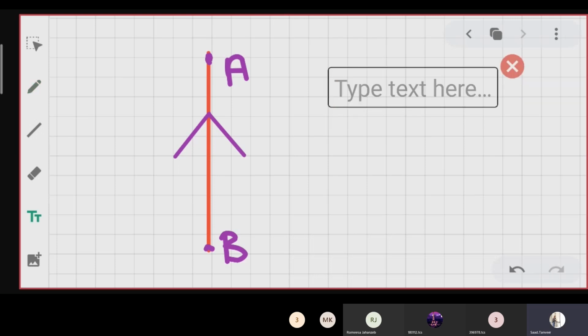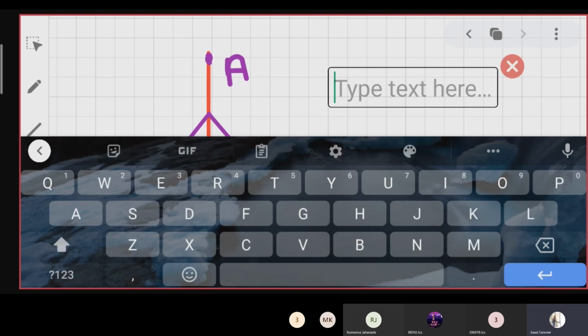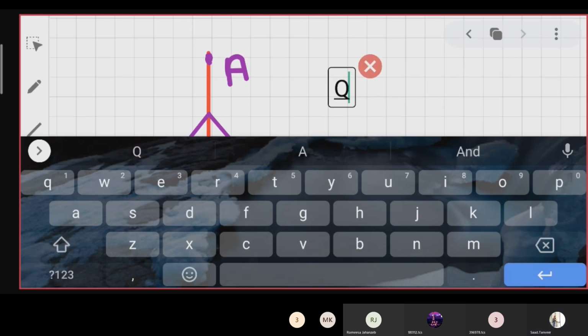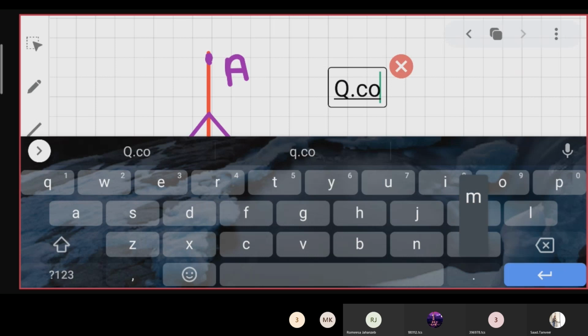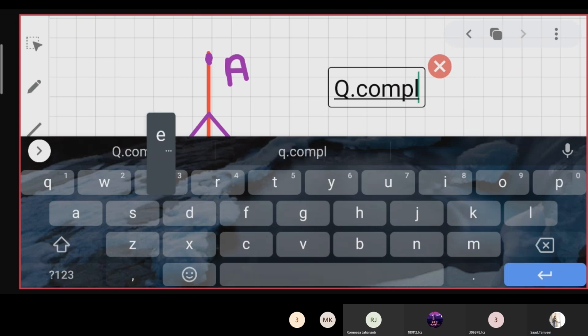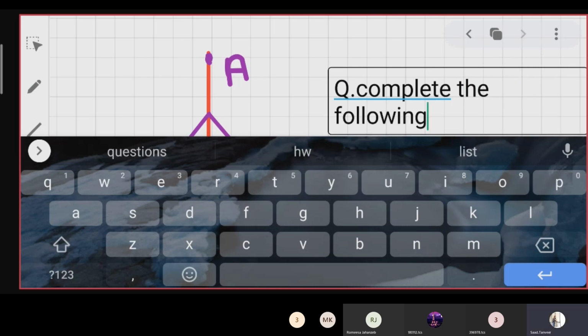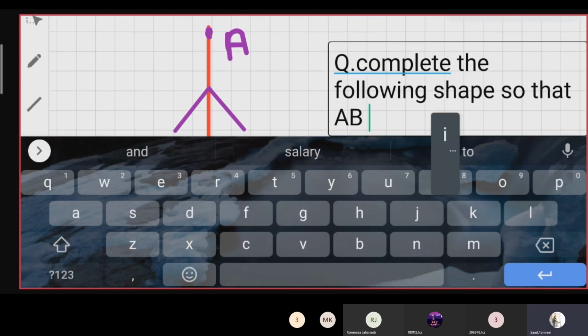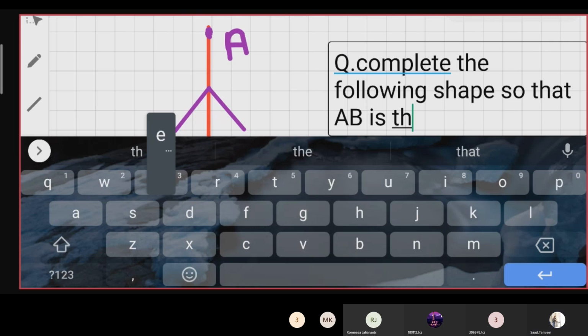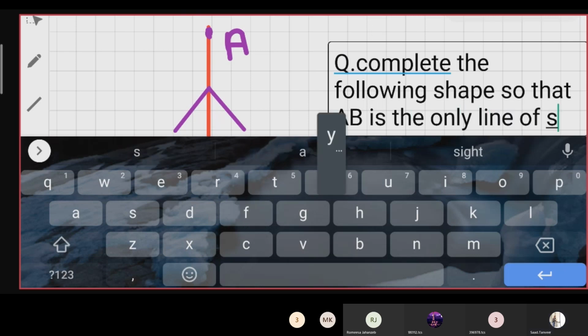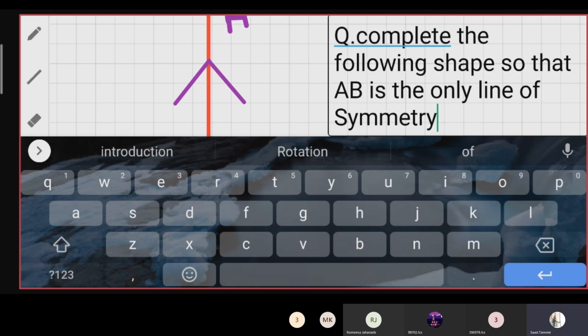Let me write the wording. Examiner give you the condition, complete the following shape so that AB is the only line of symmetry.